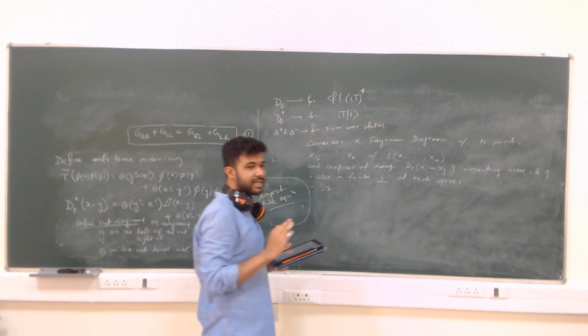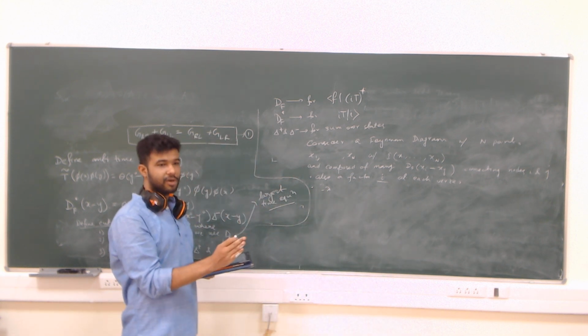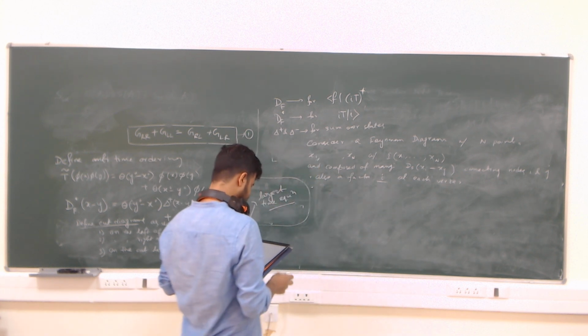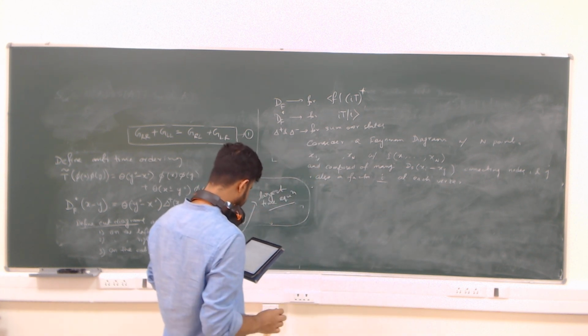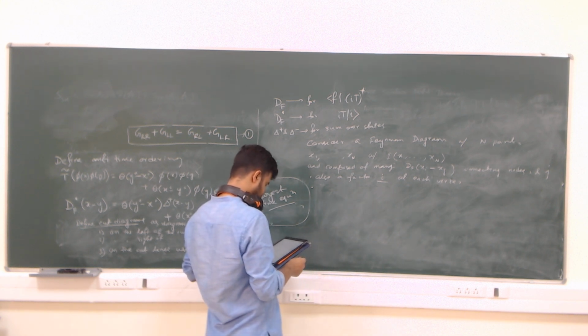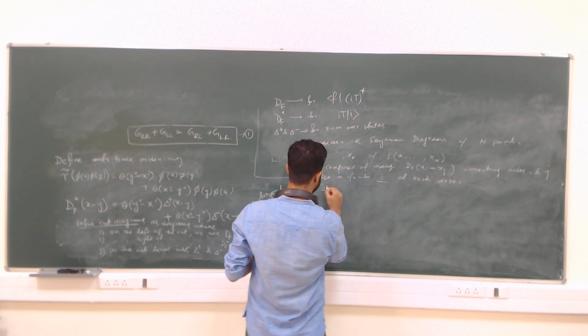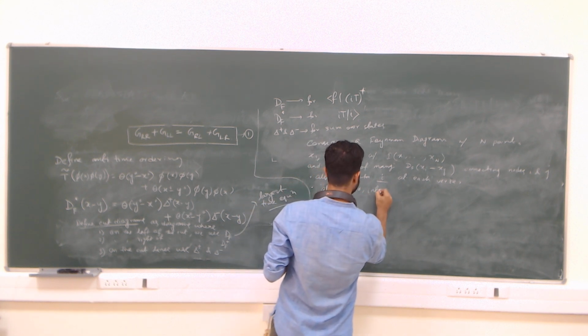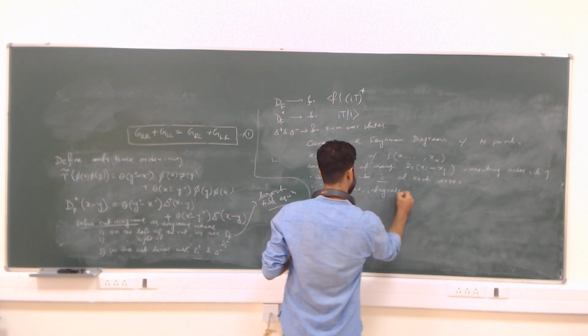But since we will only constrain ourselves within a particular order, we will not pay attention to this lambda term. Let's say we are just focusing on a particular ordered Feynman diagram, and at the end we will have an integration.